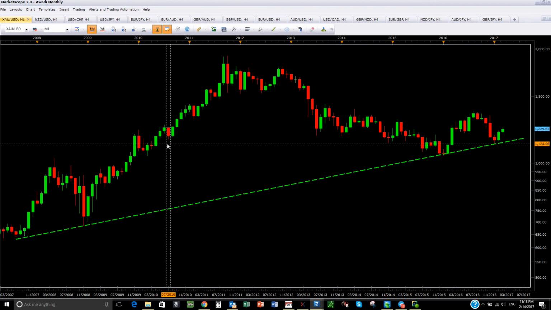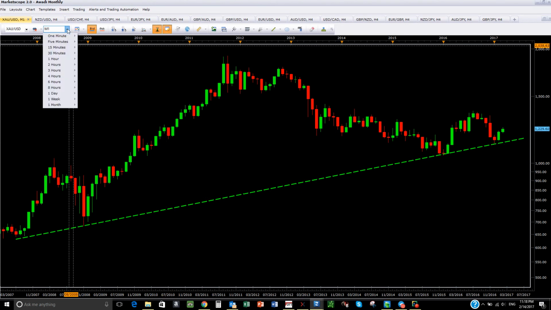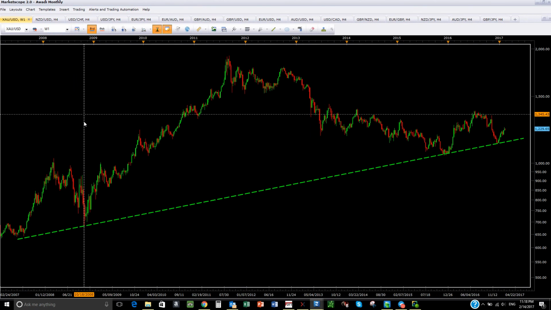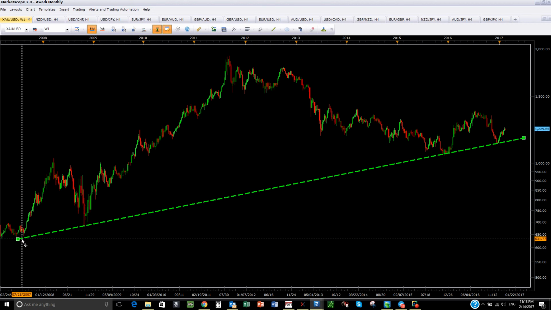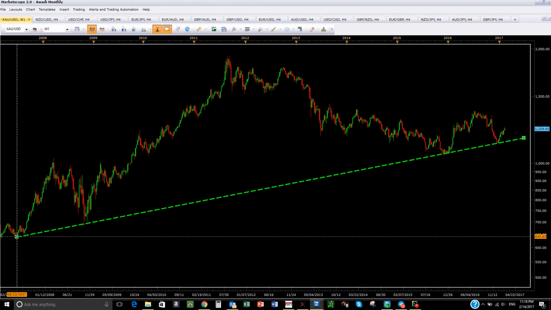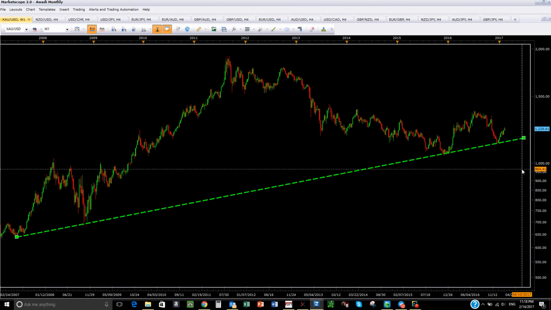And after that, I'll go one level down. Let's say the weekly chart again for 10 years. Just changing a little bit, adjusting the slope of that support.